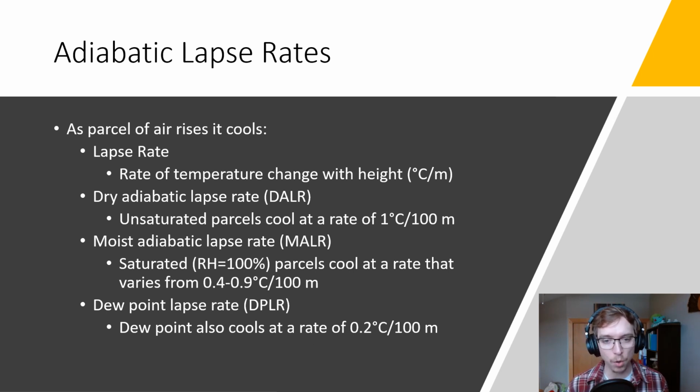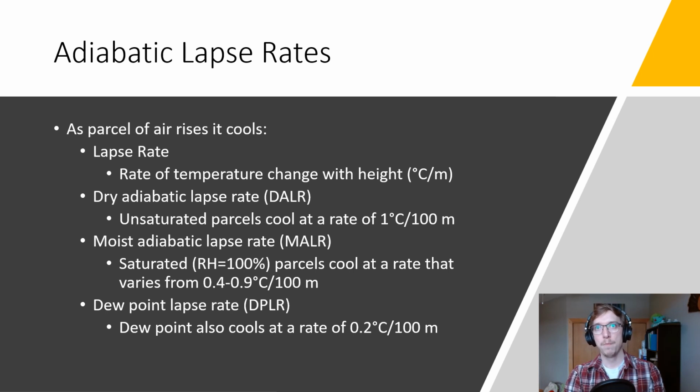The saturated or moist adiabatic lapse rate, you can use them interchangeably, is somewhere between 0.4 and 0.9 depending on your conditions. Then you've got your dew point lapse rate, or DPLR, that cools or warms at a rate of 0.2 degrees Celsius for every 100 meters. Now the dry and the dew point lapse rates you use when you have an unsaturated parcel of air. The moist adiabatic lapse rate is when air is fully saturated at a relative humidity of 100%.